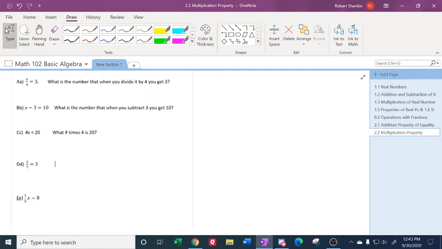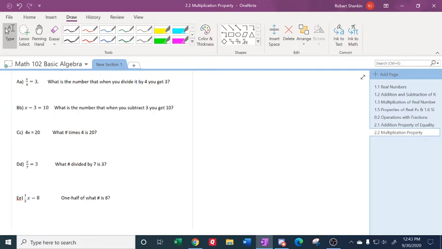Okay, and let me give about 20 seconds more, and then I'm going to type up my answers. All right, what number divided by 7 is 3? And 1/2 of what number is 8?